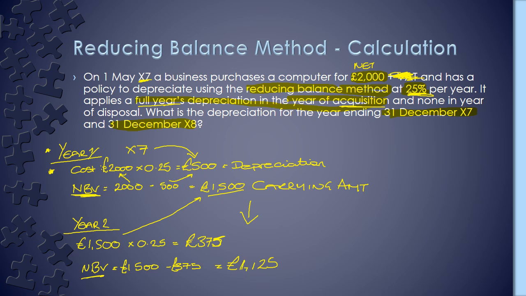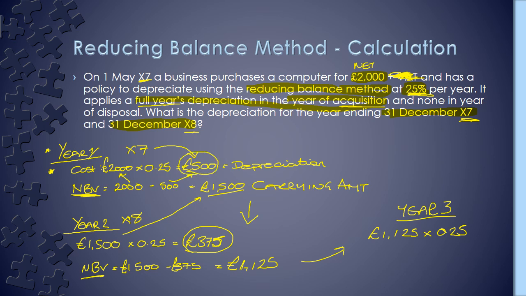So in year 3, if we were going to work it out, you would then start with your £1,125 and then multiply that out by your 25%. But the question is only asking us for the first year and the second year. So your depreciation in year 2 is 375 and in year 1 it was 500.